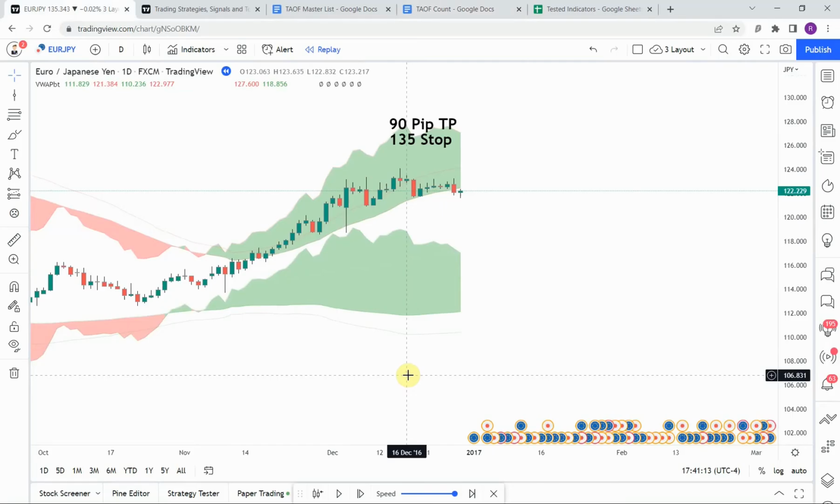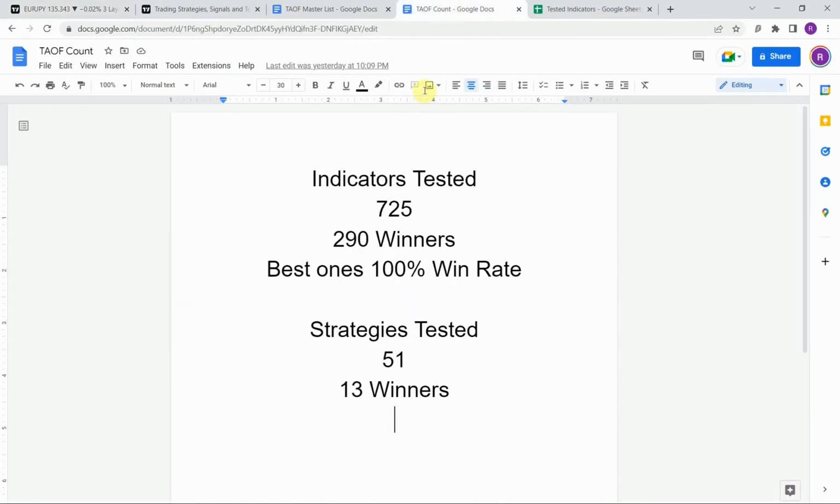Alright, as I said, today we will be testing the VWAP band trends indicator. Before we do though, I wanted to put the testing scoreboard up for everyone to see. So to date, we have tested a total of 51 different strategies, with 13 of them being profitable. We've also tested a total of 725 indicators, with 290 of them being winners.